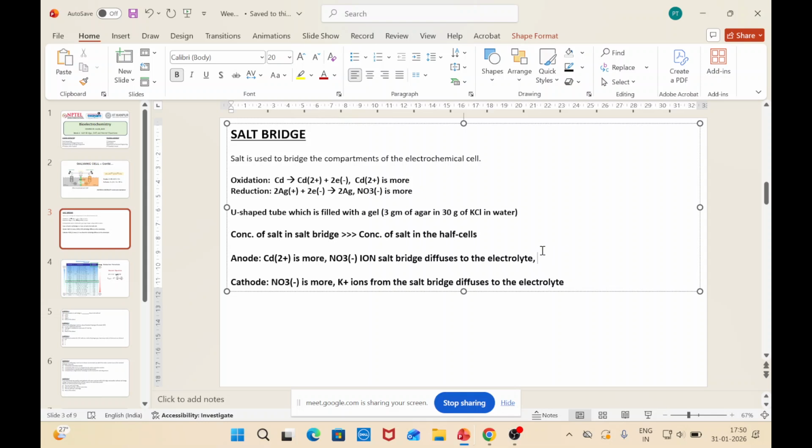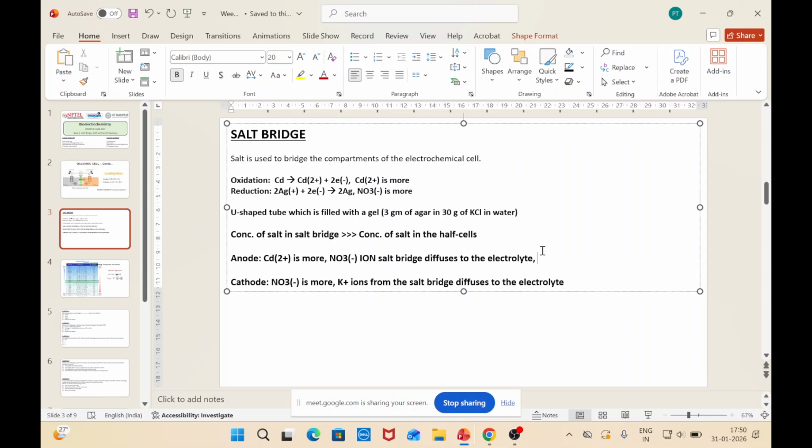So if you see, apart from that, some amount of the Cd2+ will also be entering inside the salt bridge, so that the charge neutrality within the salt bridge gets maintained.